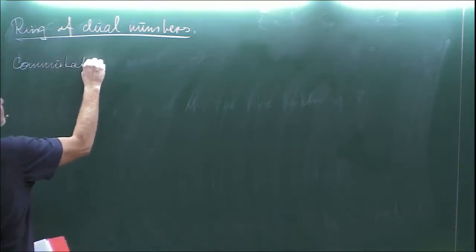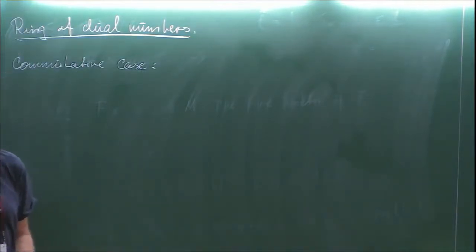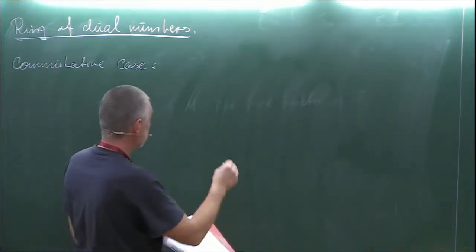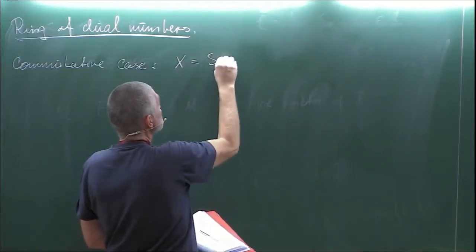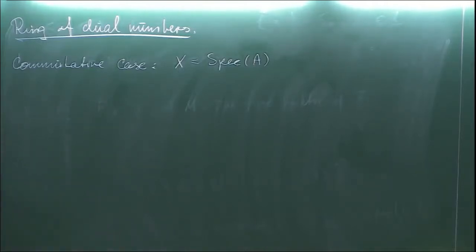Why are we interested in the ring of dual numbers? Well, if X is equal to Spec A, what is the tangent space in a closed point? For those of you who know differential geometry, the tangent space is, well, what is it? It's a vector bundle with some sections. But what it really is, it is the space spanned by the tangent directions.